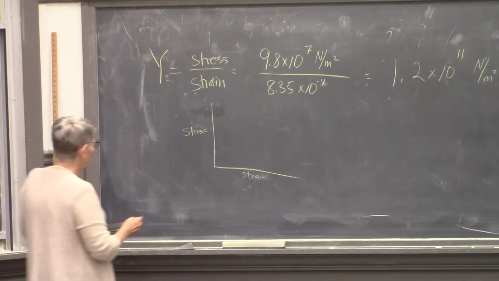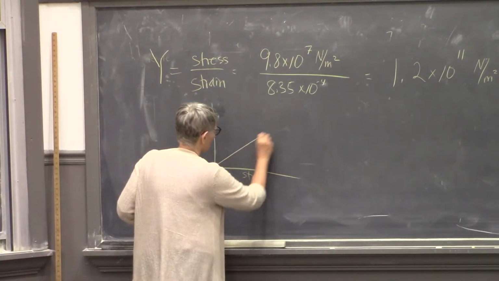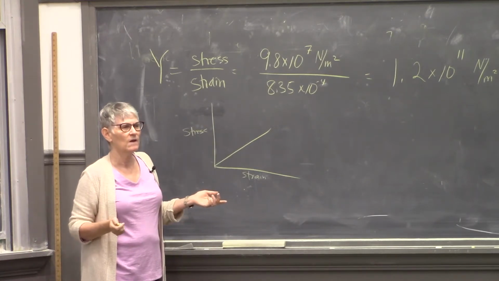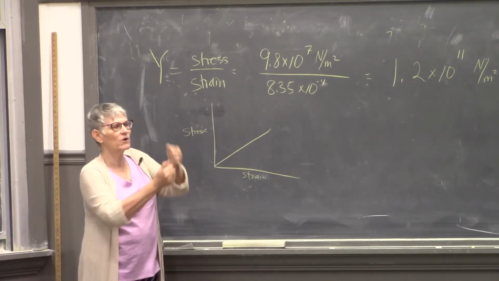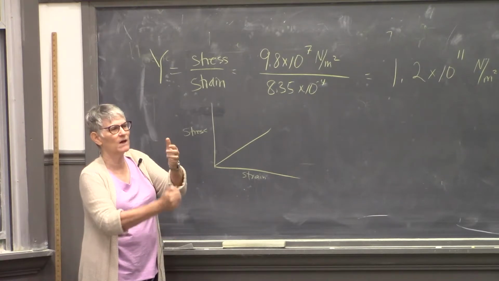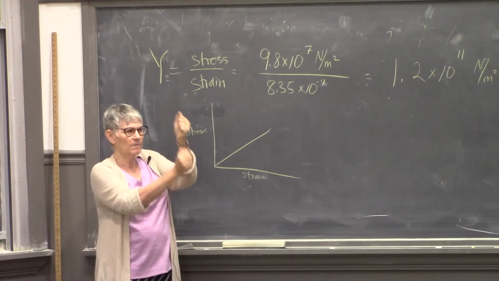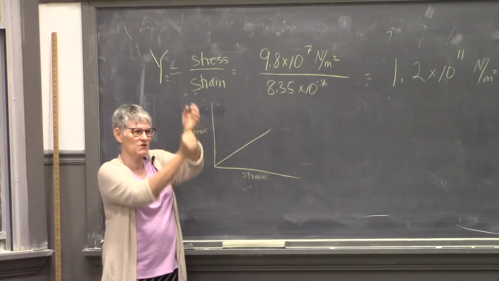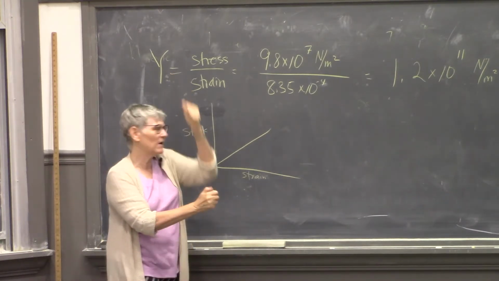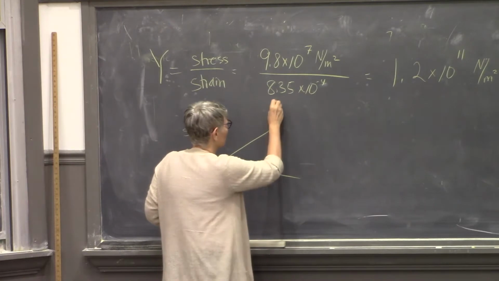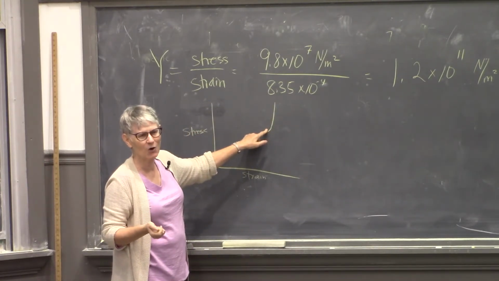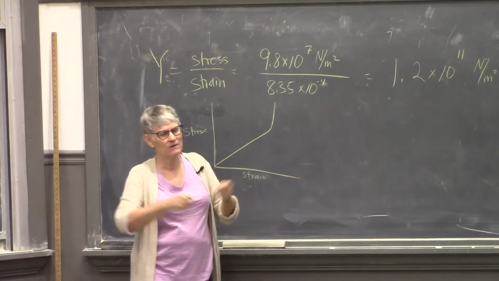So you should get a straight line. And that's actually true until you hang too much weight on the wire. Then you actually start changing the internal structure of this material. Some of these chains slip past each other and you get something that goes like that. So hopefully you stop before that. It's actually yielding.